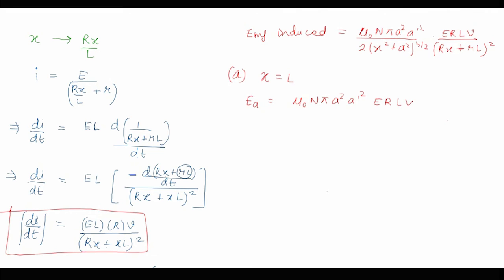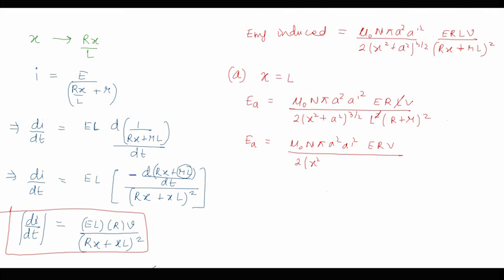ERLV upon twice of (x square plus a square) to the power 3 by 2. If we put L here, we can take L square common in (r plus r) whole square, and remove this L. On cancellation, the EMF induced in this part is mu naught n pi a square a dash square ERV upon twice of (x square plus a square) to the power 3 by 2 into L times (r plus r) whole square.